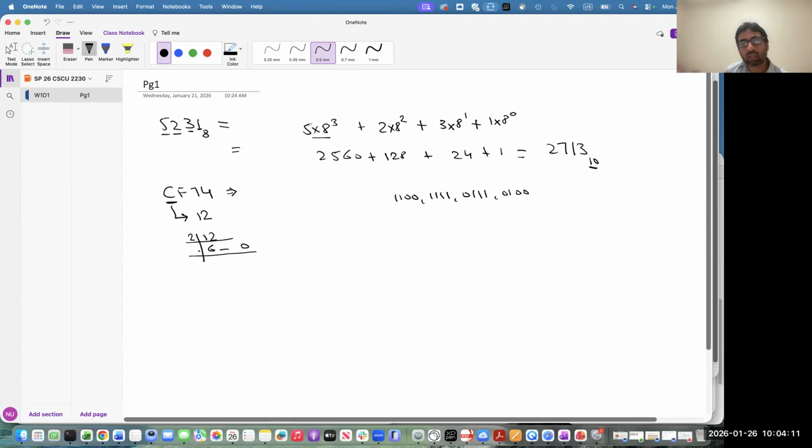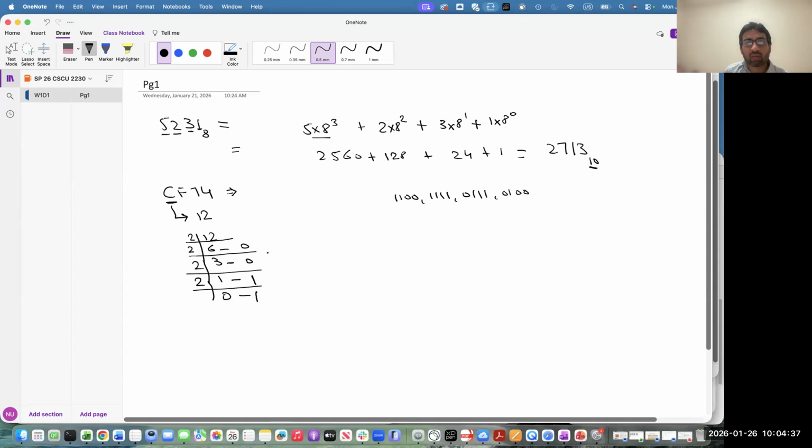Then the quotient is not 0, so I again do the division by 2, and I get quotient 3, remainder 0. Then I divide it again by 2, so quotient is 1, remainder is 1. The quotient is still not 0, so I divide it again. This time the quotient is 0, remainder is 1.